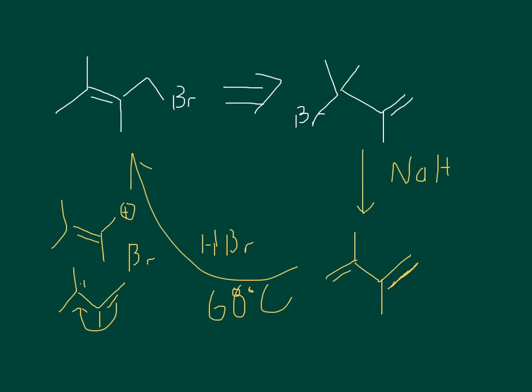Bromine could come in and attack, and that would be our most stable product. Thus, once again, the takeaway from this is that in thermodynamic conditions, what you're looking for is the most substituted alkene, not the 1,4 adduct. Whereas with kinetic conditions, you're always going to see the 1,2 adduct because of, again, the proximity effect.